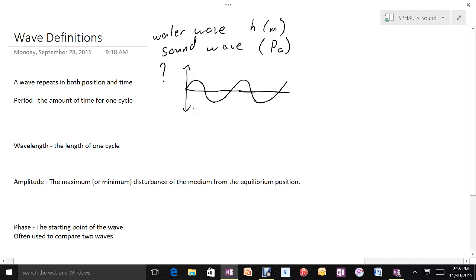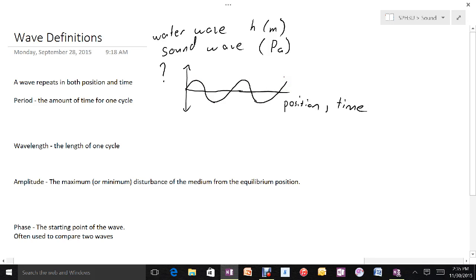But in general, what's interesting is that since it's both repeating in position and time, that x-axis could either be position or time. Now, if you imagine yourself on a boat, then you can imagine in time the boat's going up and down and up and down.